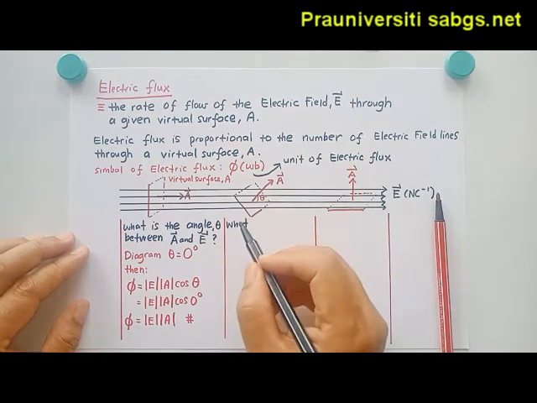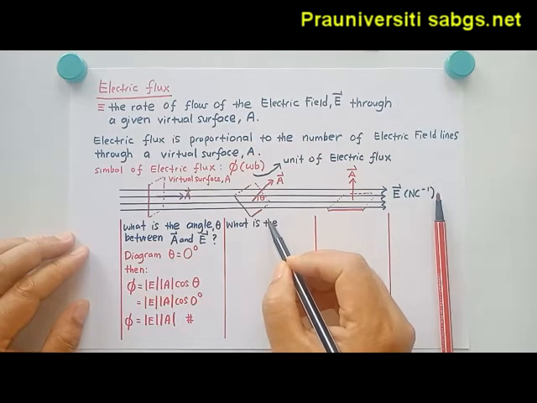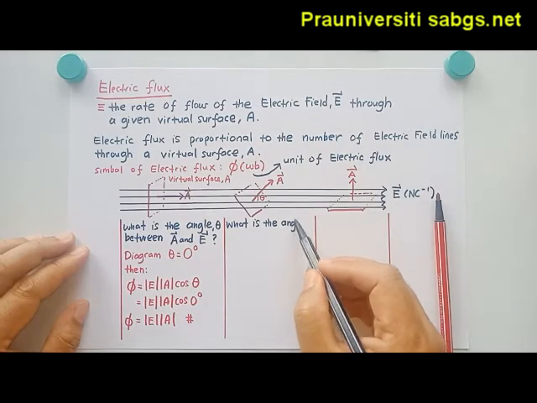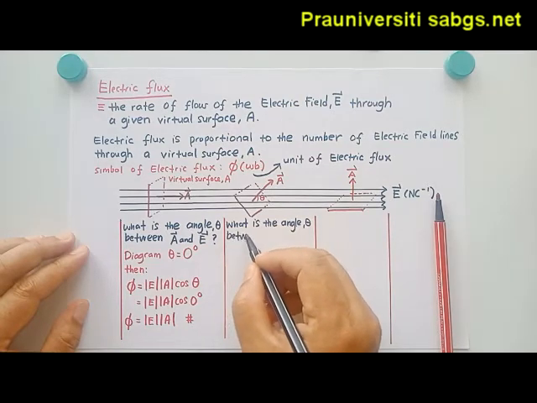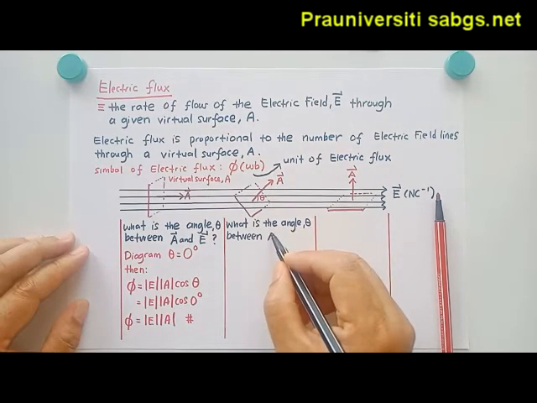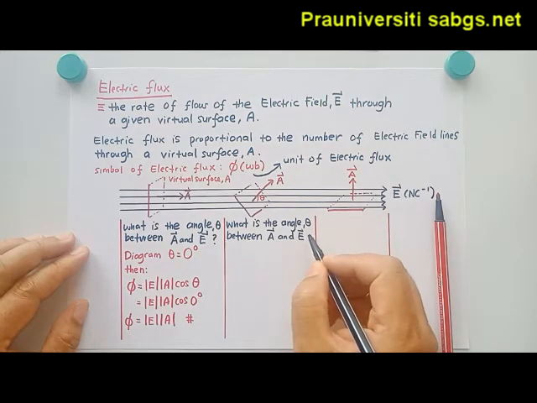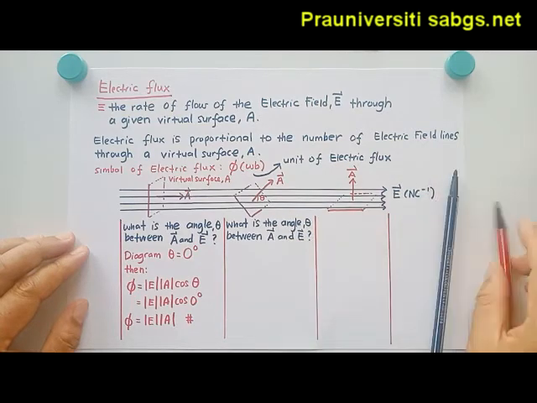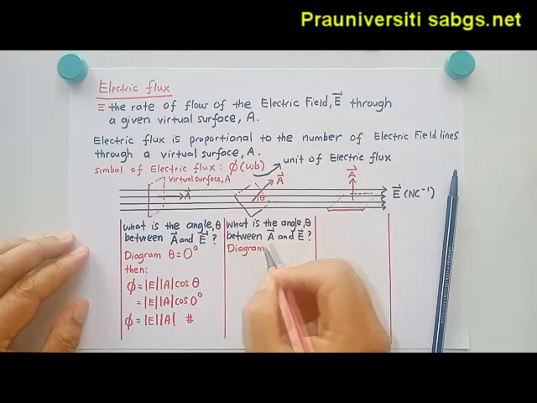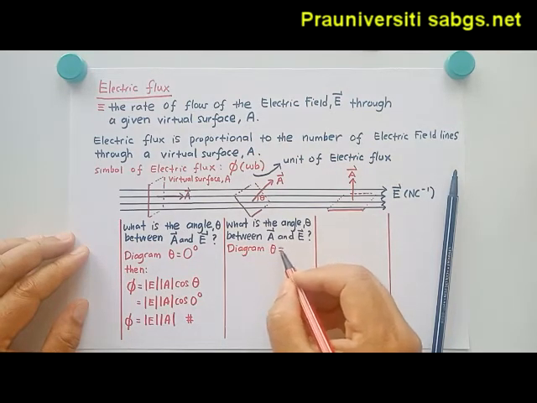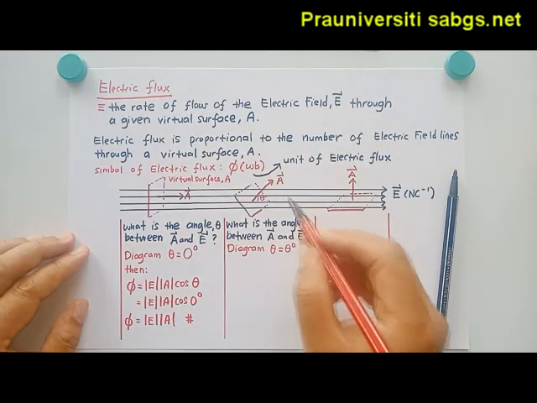So what is the angle theta between vector A and vector E? We can find it from the diagram. The diagram shows theta is equal to theta degree in this case.